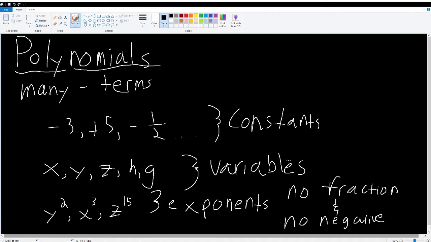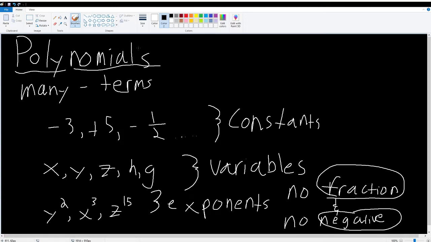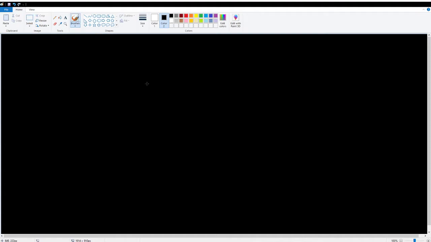And the only thing that's restricted is that for the exponents, you cannot have a fractional exponent and no negative exponent. So for example, let's talk about some examples of polynomials. If you have x cubed plus 3x plus 2yz, this is a polynomial.